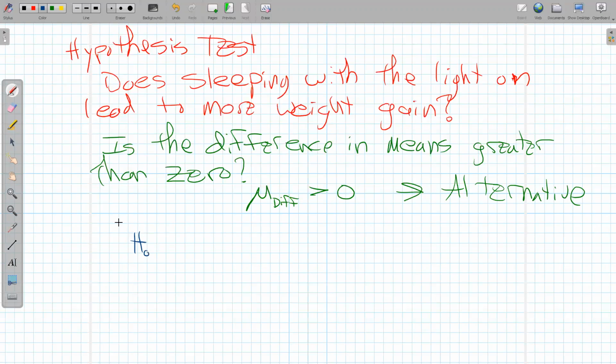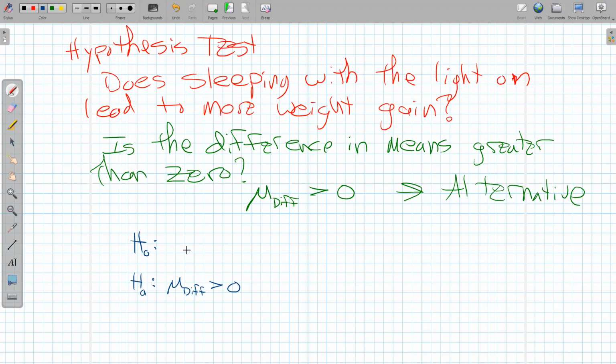So I'm just going to state these in the shorthand notation. Null hypothesis is H with a 0 subscript. Alternative hypothesis is either HA or H1. And in this case, my question ends up being the alternative, and that's usually what happens, but not always. Difference is greater than 0.